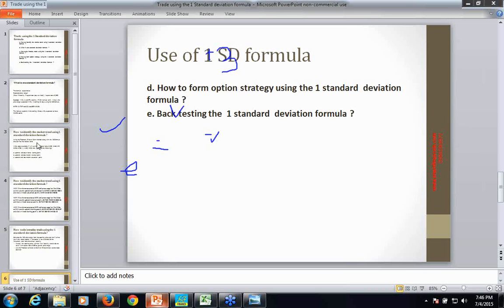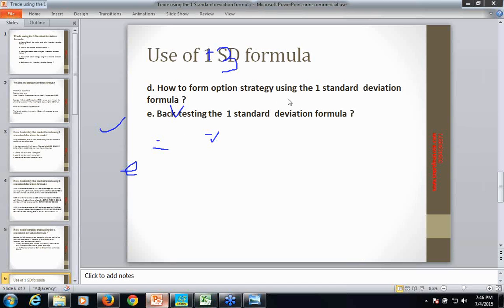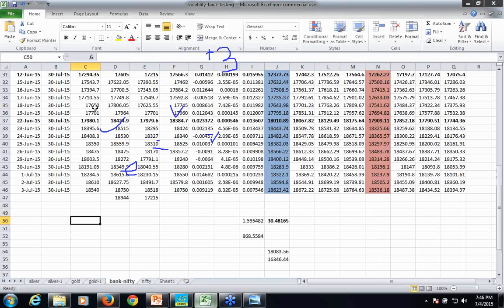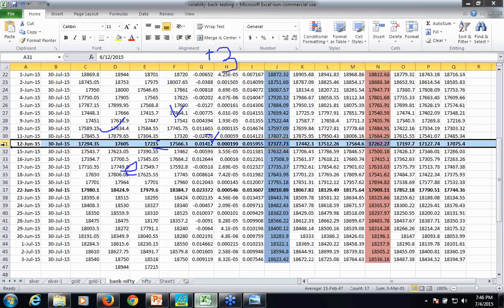Fine. So this is a concept you have learned, a very small formula, a very powerful formula. You have also seen how this works, and backtesting is in front of you. Those who have joined earlier programs have almost got these things. I used the one standard deviation formula on the 12th June, and I have shown you what happened on the 22nd June.